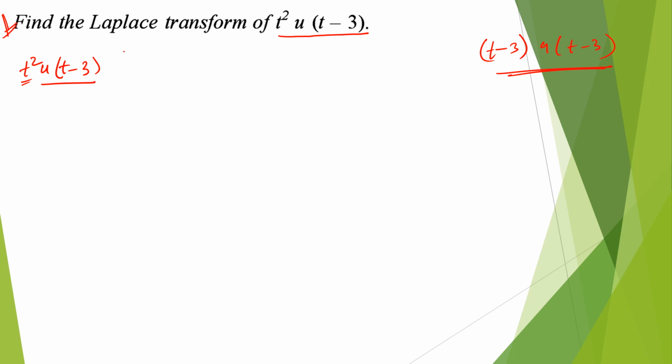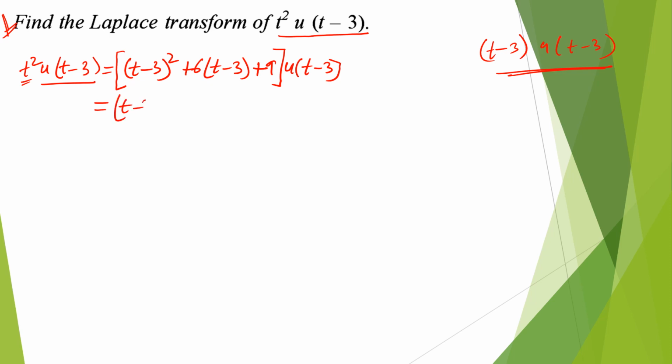For this t square, we just calculated the term (t minus 3) whole square plus 6(t minus 3) plus 9 into unit step function (t minus 3). So finally the function will be (t minus 3) whole square unit step function of (t minus 3) plus 6(t minus 3) unit step function of (t minus 3) plus 9 unit step function of (t minus 3).